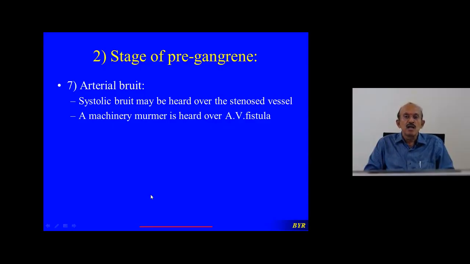A person may have an ulcer over the dorsum of the foot. Then you may not be able to feel the pulses in the foot, in the popliteal fossa, and in the thigh also. That is why you must examine all the peripheral pulses.